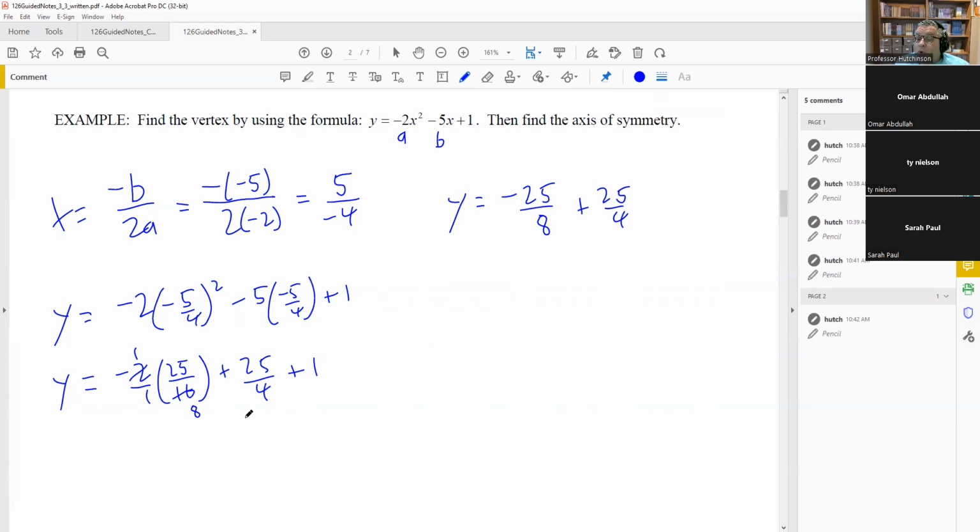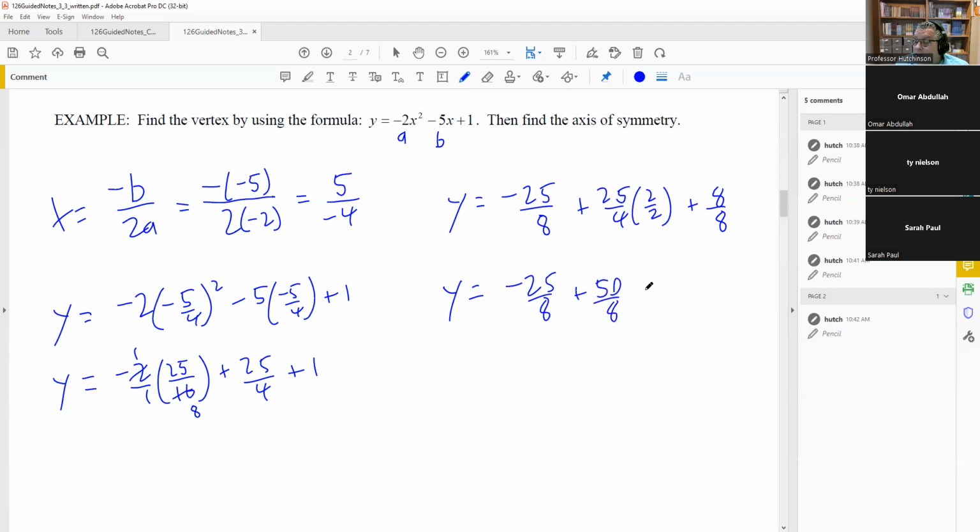So the rest of this, I want to get common denominators with the last two fractions. So 8 is the common denominator that I want to make all those equal to. So this one I'm going to multiply the 25/4 by 2/2. And then the 1 over there, I'll multiply that by 8/8, or just write it as 8/8 like I have here. Now I have everything all in the same denominator.